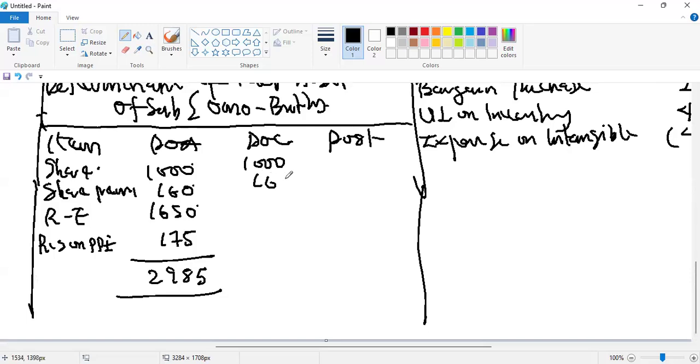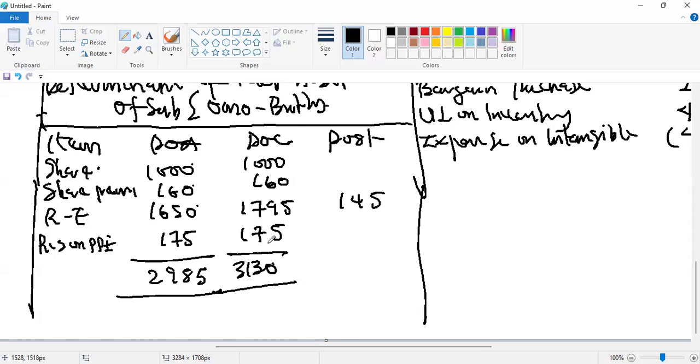1000, 160, 1795. Then 175. 145 is the post. I will now get the net asset at DOC: 1000 plus 160 plus 1795 plus 175 is 3130.